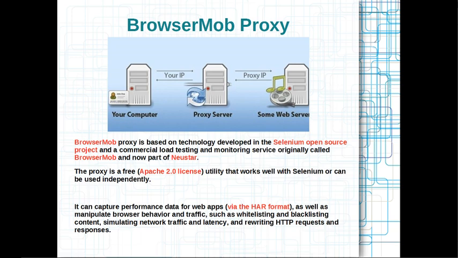So I came across this open source utility, which we can integrate with Selenium, and which captures all the network traffic and stores it in HAR format, that is HTTP archive format. We take that HAR file and convert it into a text file, which is just a JSON file. We just need to parse the JSON, fetch the required data which we want, and we are good to go.